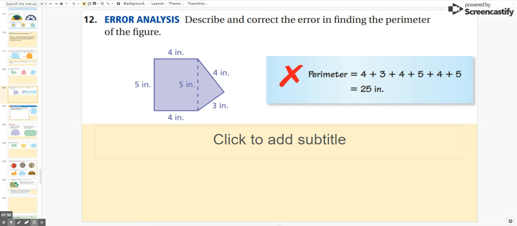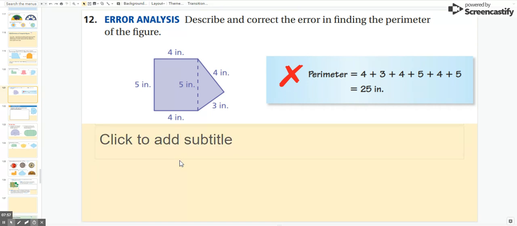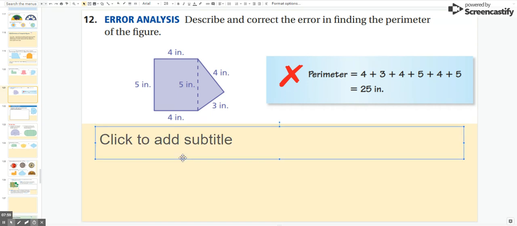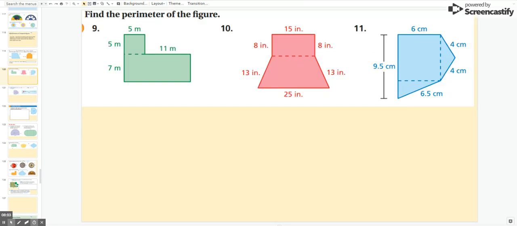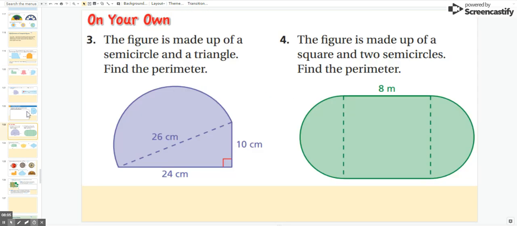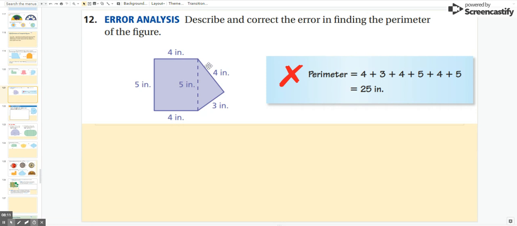All right, so let's look at this example. What do you think is going to be the error here? This person starts from 4 here, right? I think he starts from 4.